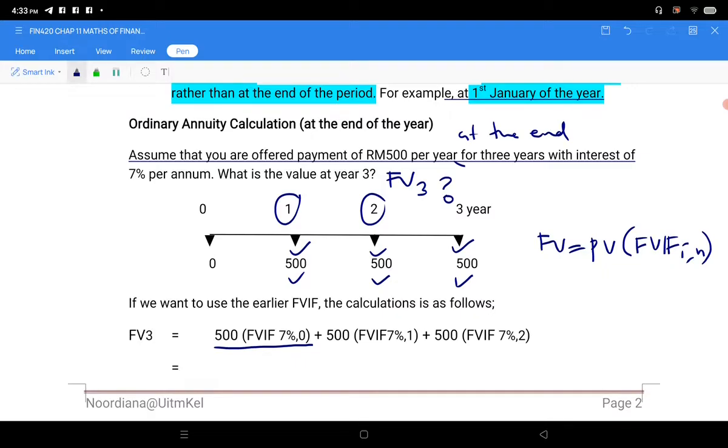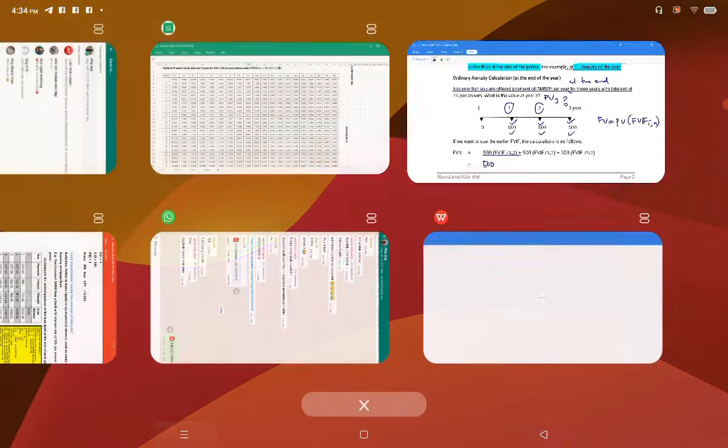Okay. And then, kenapa dia buat macam ni? Kenapa you start dengan 7% 0? Sebab kita nak dapatkan nilai 500 pada tahun pertama. Okay. Dia nak dapatkan nilai yang 500. Okay. Kalau FVIF 7% 0, kalau you tak percaya, you check dalam jadual, memang dia akan keluar macam ni.